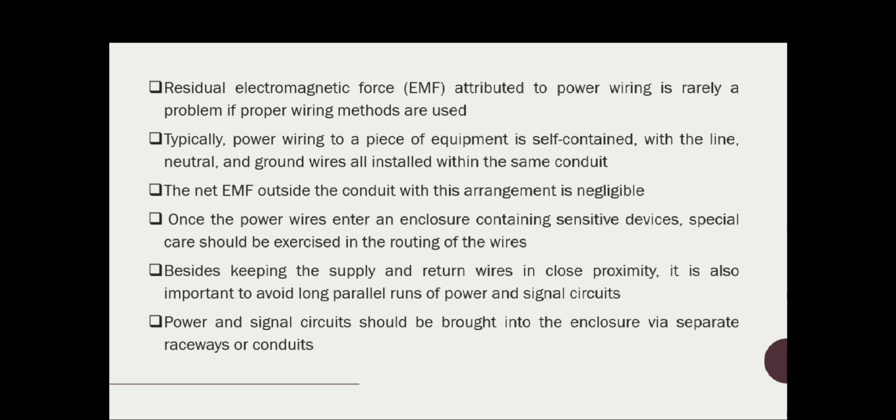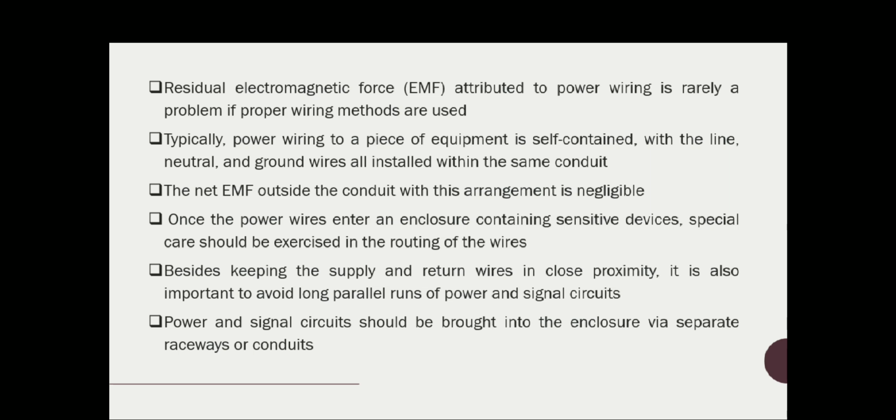And the net EMF outside the conduit. Typically, power wiring to a piece of equipment is self-contained, with the line, neutral and ground wires all installed within the same conduit. So the net EMF outside the conduit with this arrangement is actually negligible.